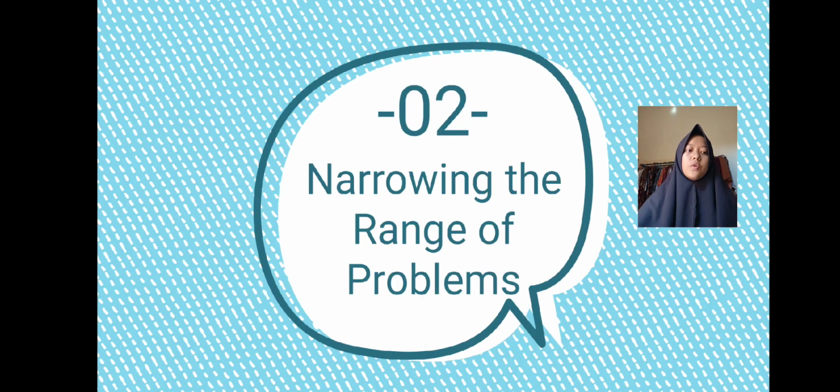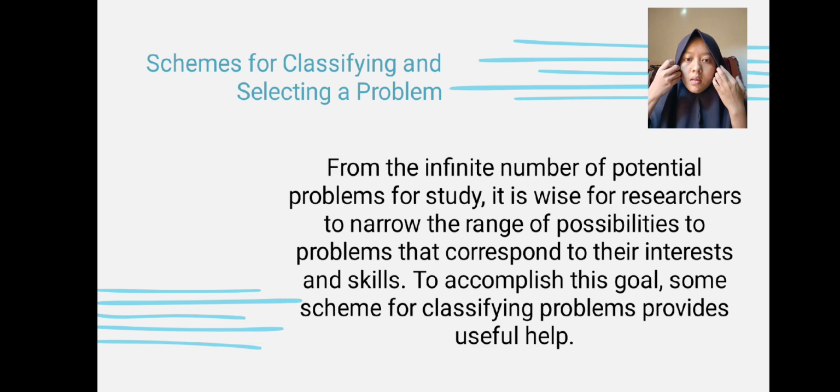Then we move to narrowing the range of problems. Schemes for classifying and selecting a problem. From the infinite number of potential problems for study, it is wise for researchers to narrow the range of possibilities to problems that correspond to their interest and skill.